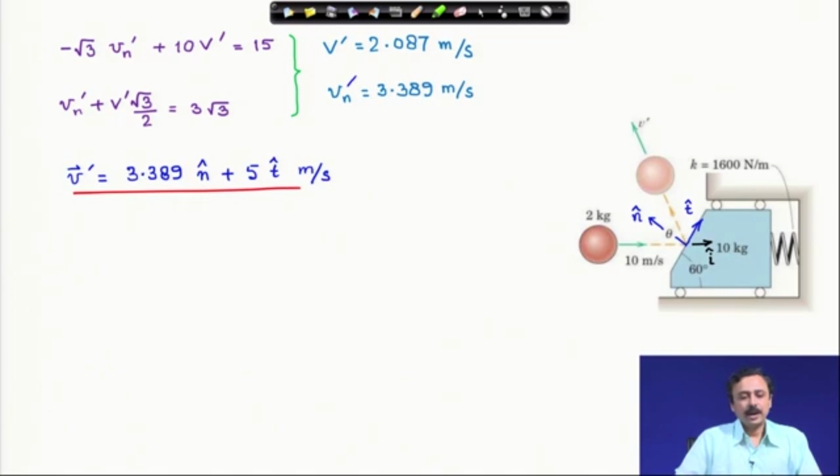Therefore, we have obtained V prime vector in normal and tangential directions, and the magnitude you can find out: V prime is 6.04 meter per second.